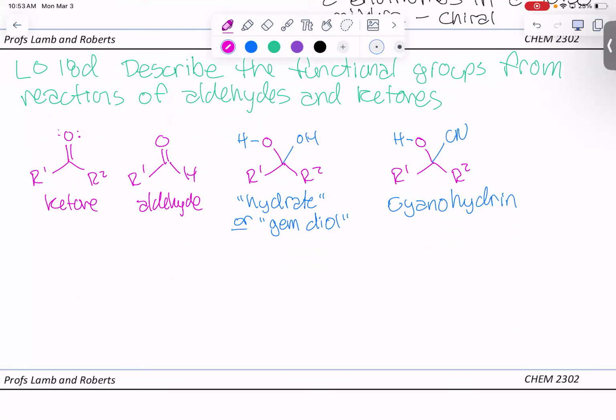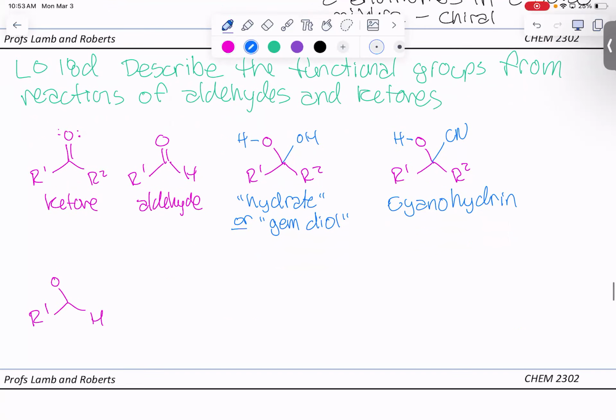All right, so if we have specifically an aldehyde here and we add an alcohol to it, what we get out at the end of the day is called a hemiacetal. The acetal portion is coming from an aldehyde and adding an alcohol.